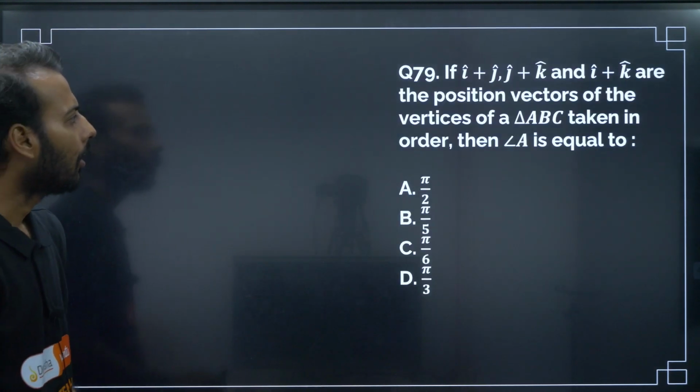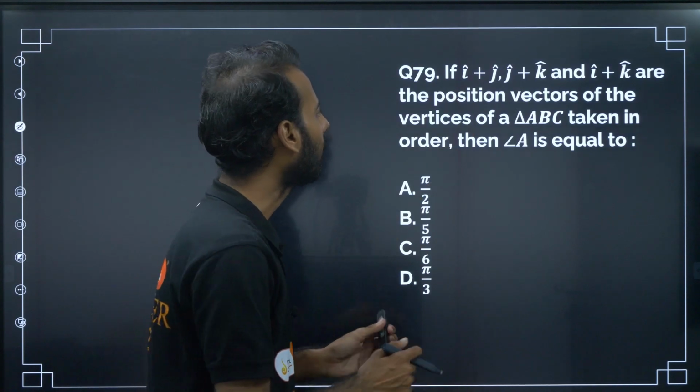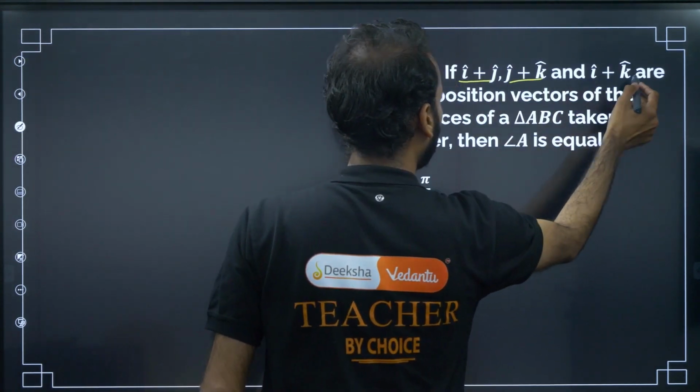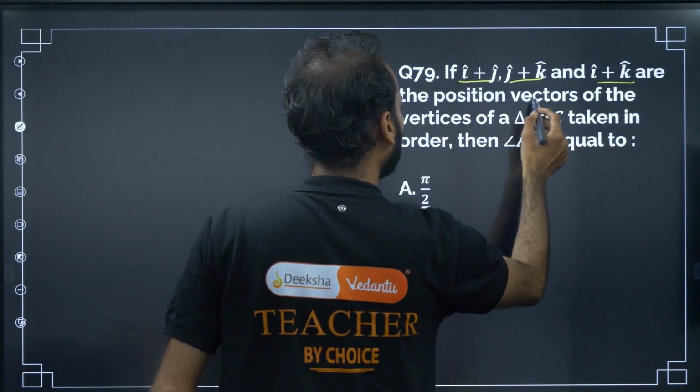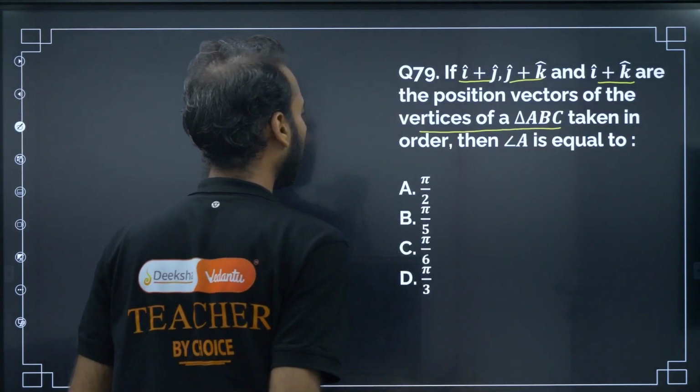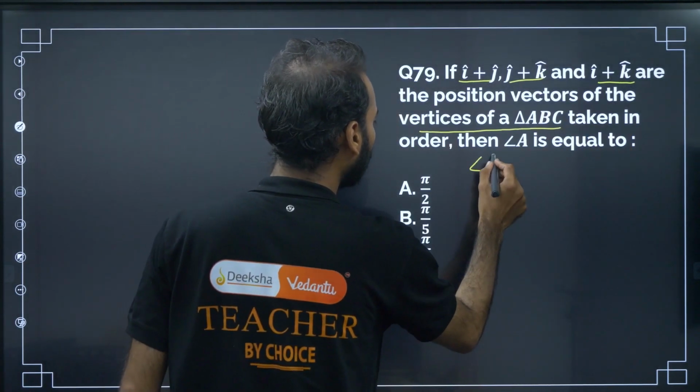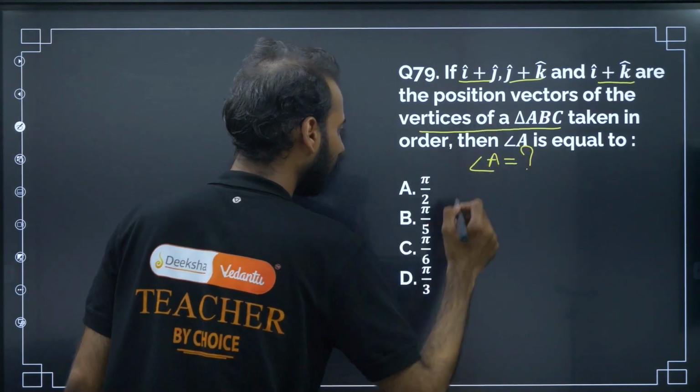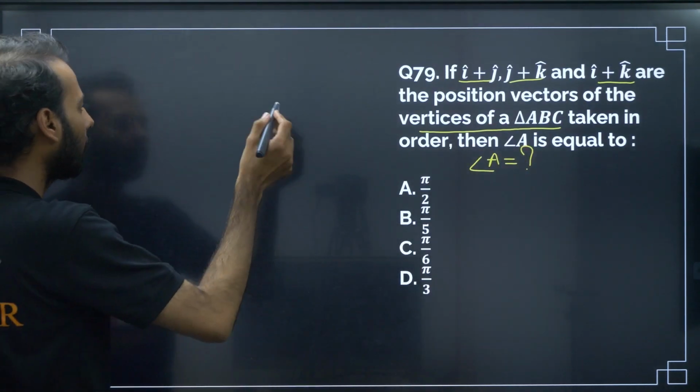Moving to next. If i cap plus j cap plus k cap and i cap plus k cap are the position vectors of triangle ABC taken in order, then angle A is equal to. They're asking to find angle A, and some data they have given.